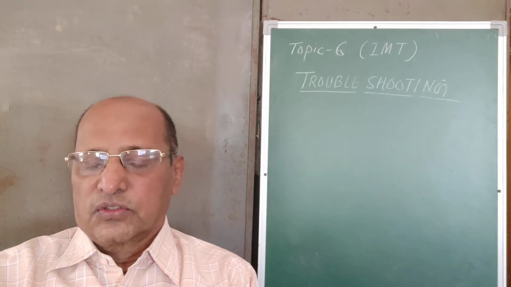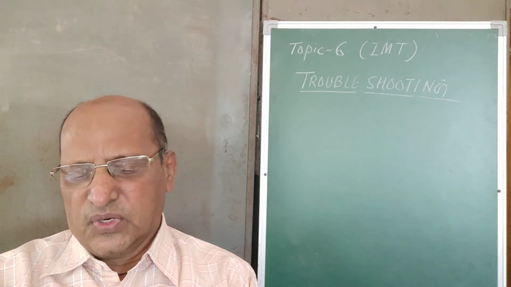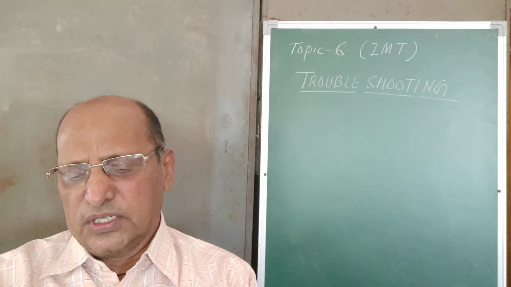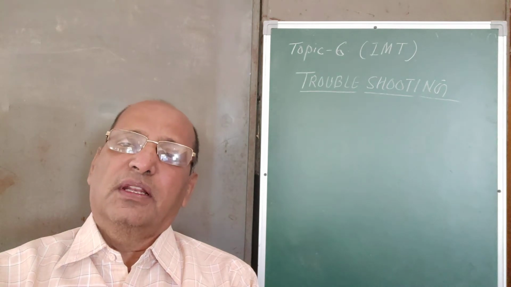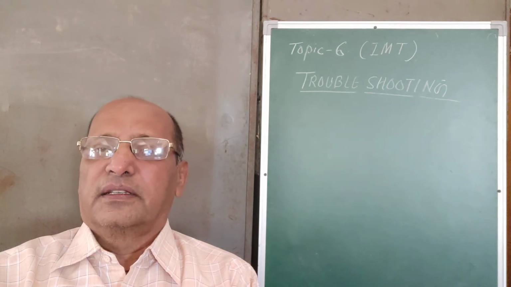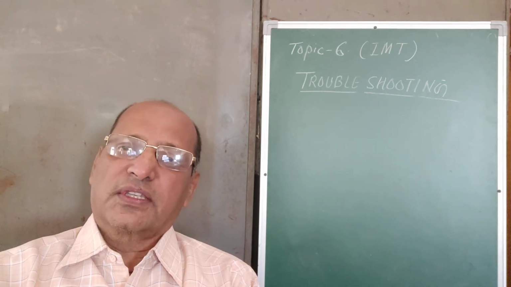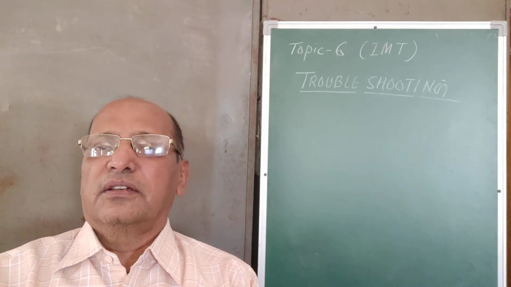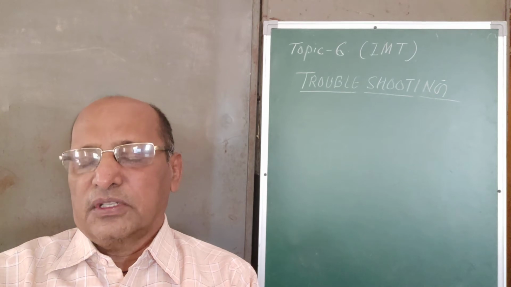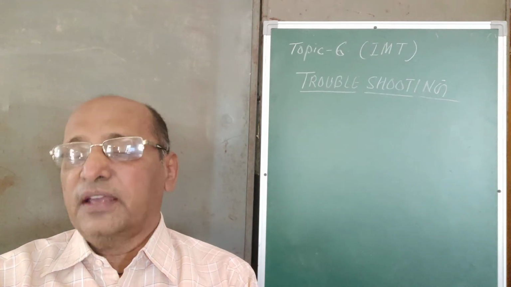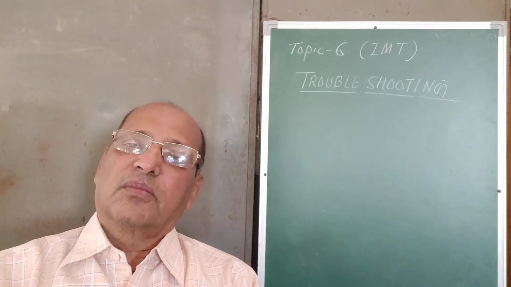So this is a simple topic: troubleshooting is mainly when equipment gives trouble in operation, and inspection is done externally or internally to find out the type of trouble. Troubleshooting means when you rectify this trouble.